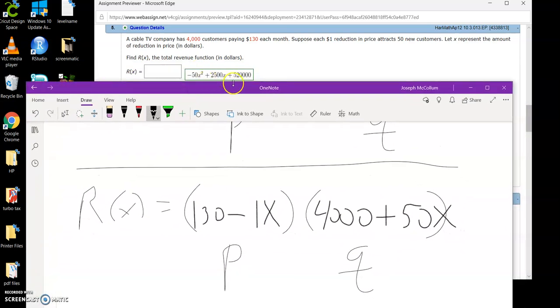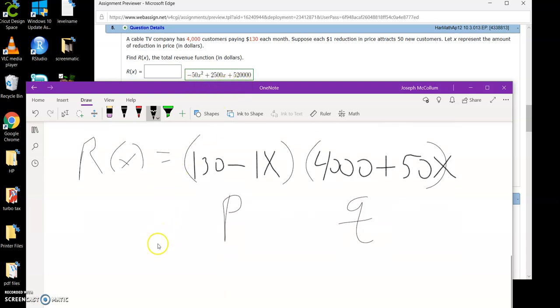Now, where are they getting this? Well, that's because, my friends, they're doing good old algebra. To finish this question off, you have to do good old algebra. The revenue function, well, you're looking at a FOIL here, right? You're looking at 4,000 times 130 when you do the FOIL, and that's 520,000.